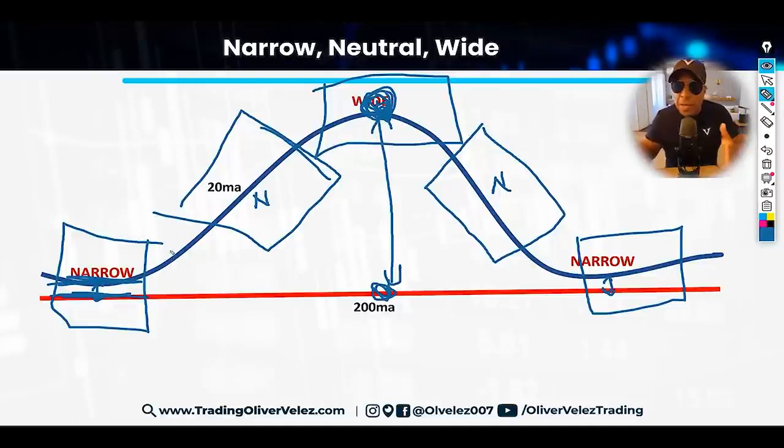The neutral state has different strategies that work the best than the wide state or the narrow state. All right. And so here, I'm going to very quickly tell you, in your narrow state, the breakout game is your best game. The breakout game is your best game.